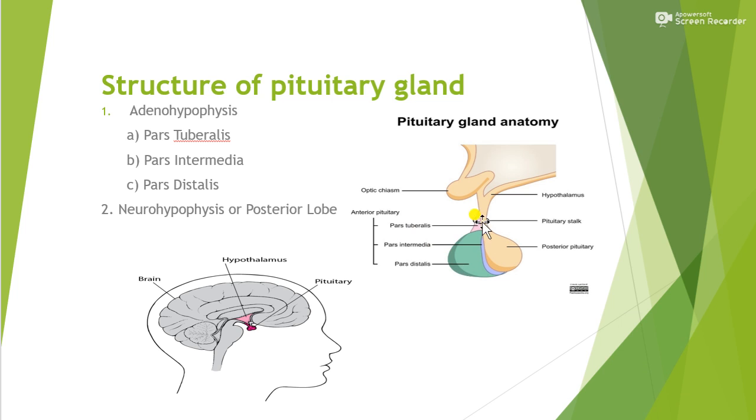It is made up of three types of cell: peripheral basophils, central acidophils, and scattered chromophobes.